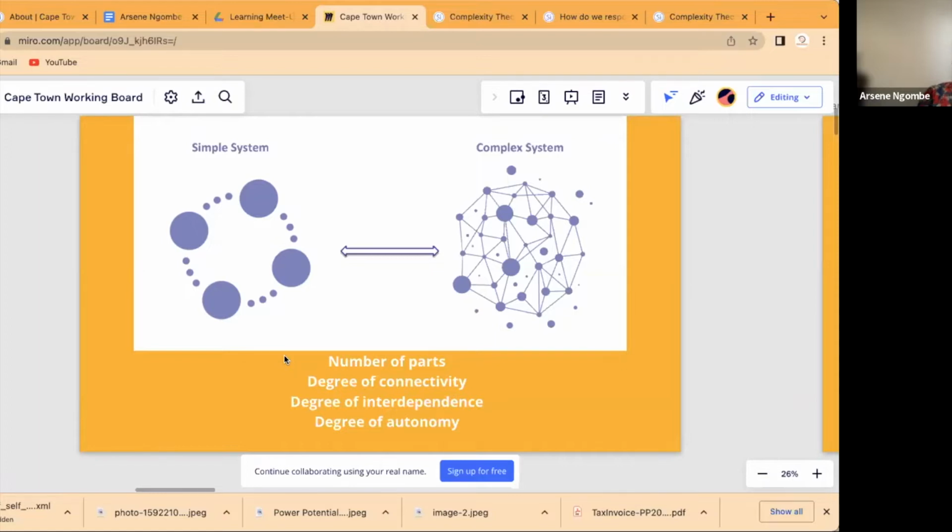But in a simple system, you're thinking more about cause and effect. You take an action and then you see the result, and that becomes quite easier.